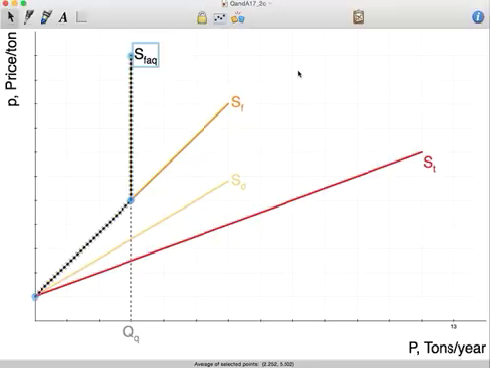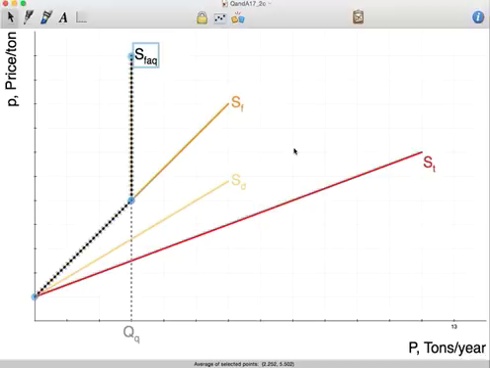The supply curve is positively sloped until we get to the quota amount, and then it's vertical at the quota amount. The imposition of the quota places a kink on the foreign supply curve. The original foreign supply curve was linear here, and the imposition of the quota makes it look like that.